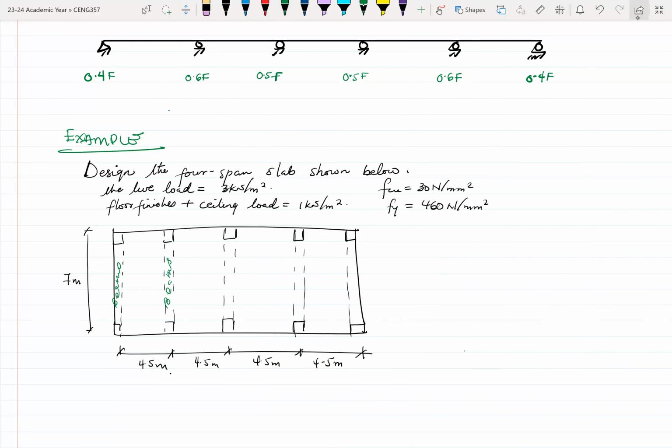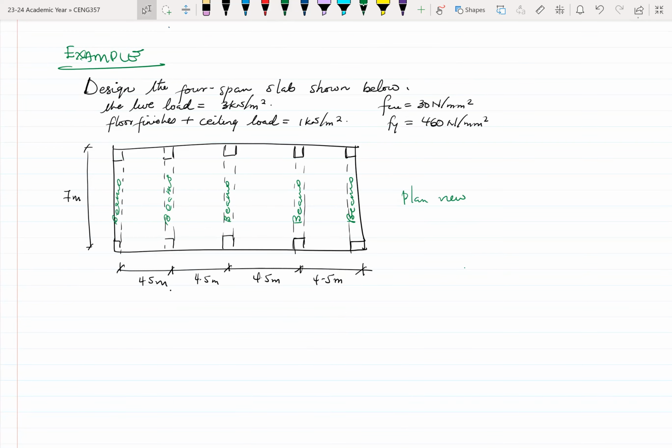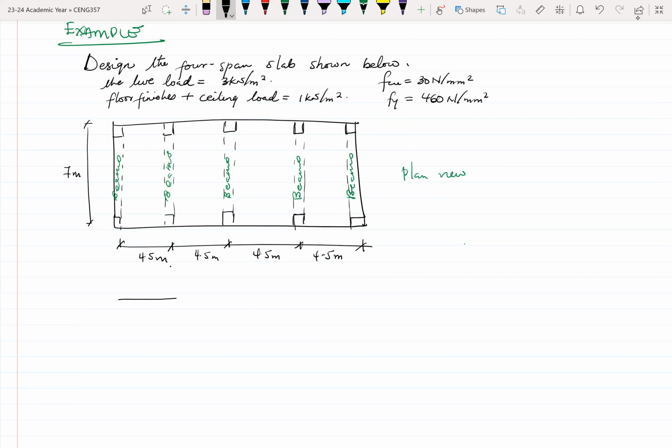Okay, so we are back. So this is the plan view. Let me draw the elevation.